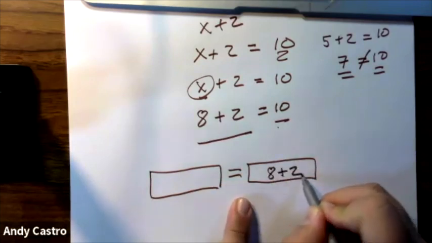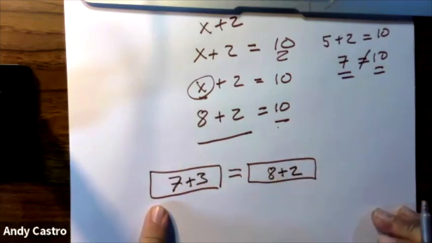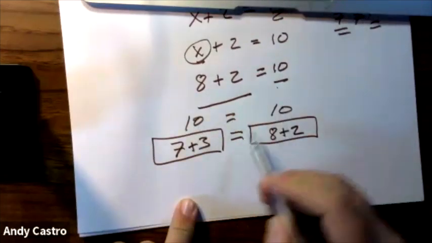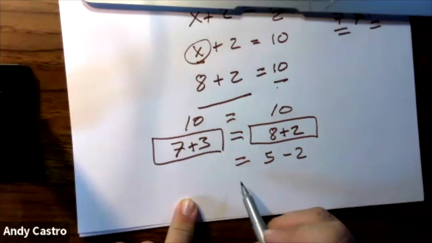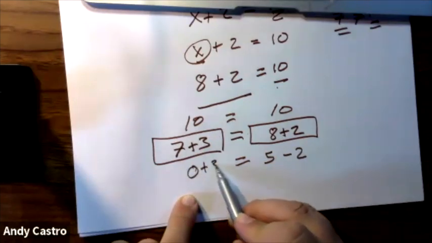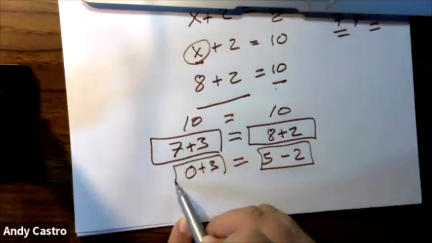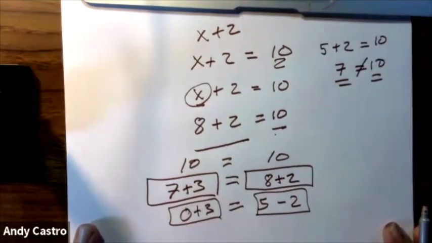So 8 plus 2 is the same thing as 7 plus 3 because they're both 10. 5 minus 2 is the same thing as 0 plus 3. They're just different ways of expressing the same number.